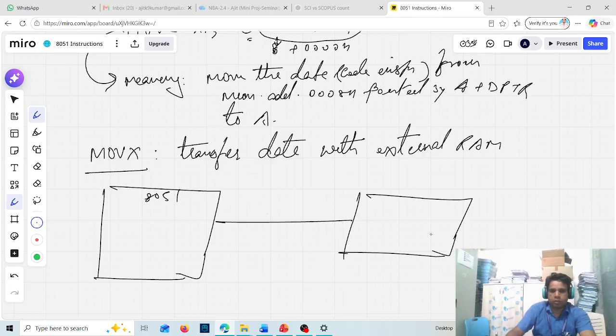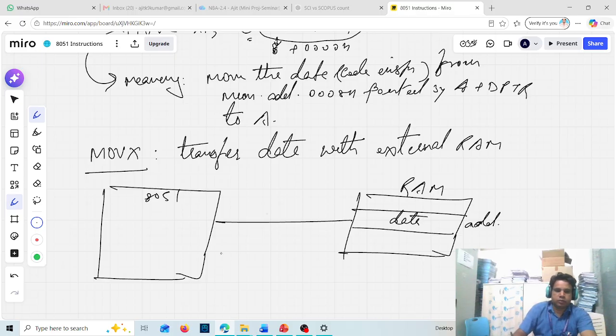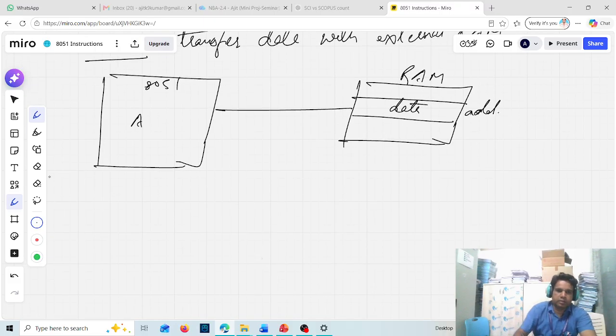I'm not drawing the ROM, so I'll draw the external RAM. Suppose there is some data in this external RAM at this memory address. So I'll have to use the MOVX instruction, and the syntax of MOVX is fixed.